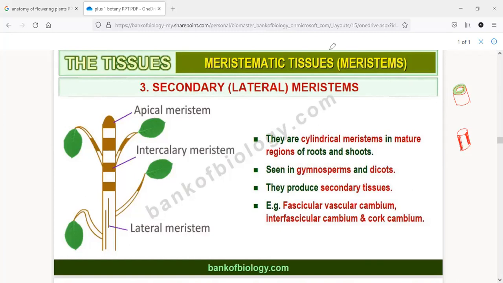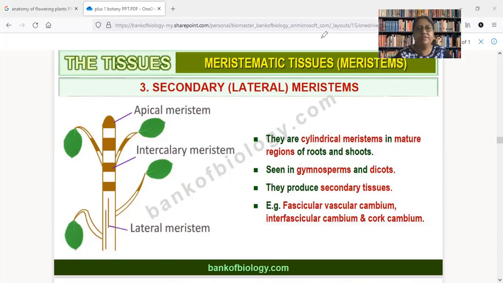So why are they called secondary? Because you must have noted that whenever we plant a sapling, the sapling first grows in height, and at that time it is green in color. When it matures, slowly and steadily the girth is increasing, and then it is becoming woody.